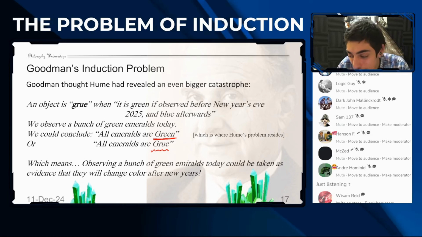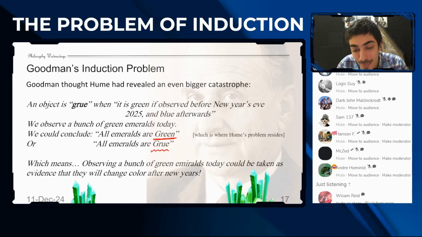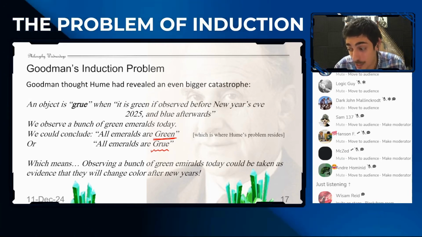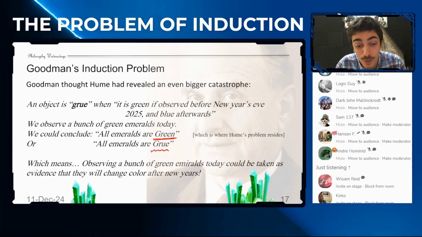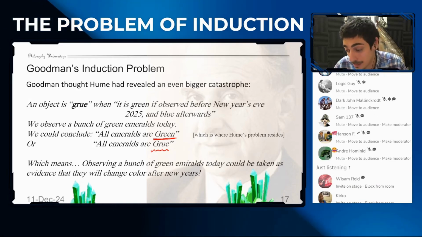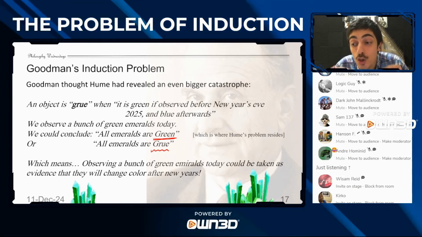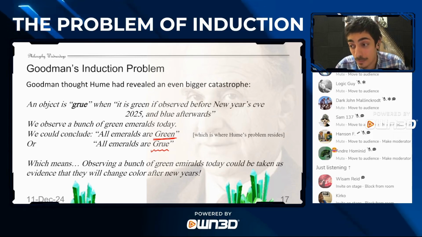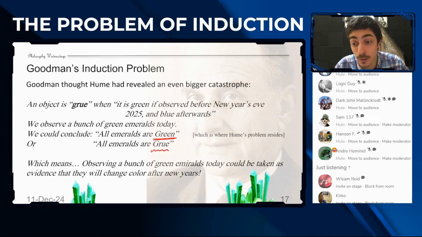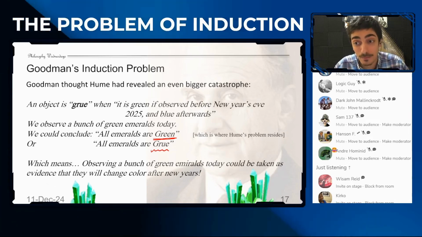So that's the real problem here, that I cannot escape easily: that it's an arbitrary choice. If you're not happy with GRU, it's an arbitrary choice that we are happy with green. And this means that until time t happens, I have no way to distinguish between something that is green forever and GRU, because induction justifies both equally.